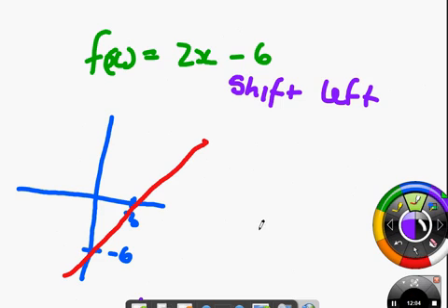When you are shifting the function to the left, you are no longer going to use x. In this case, this x here will not be x, but let's say we are shifting to the left 2 units. Let me just write 2 units there.